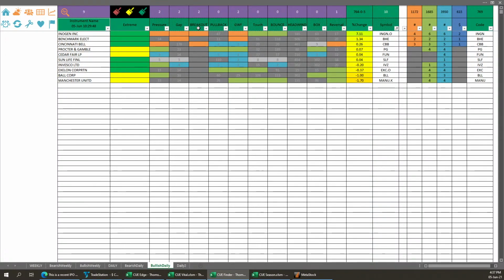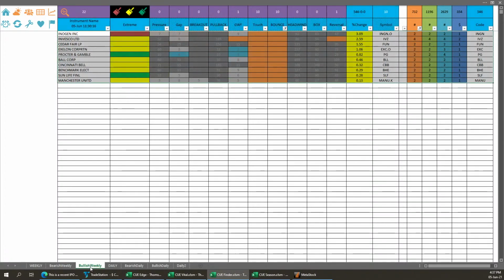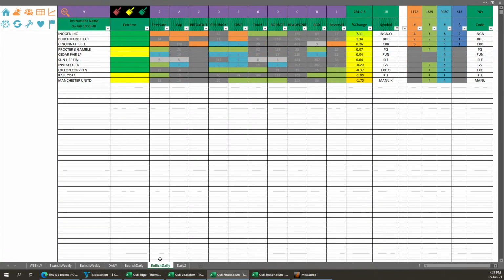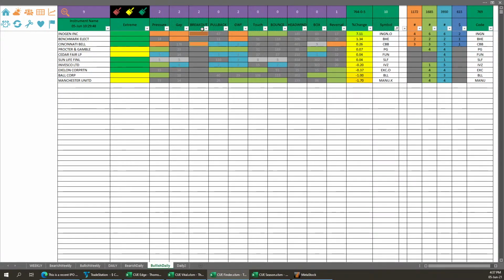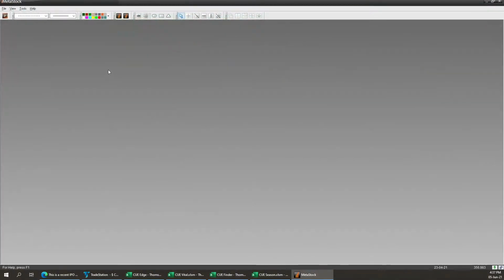I can see out of those weekly bounce, bounce from weekly and daily, I see there are two breakouts. So let me look at them. Let's make sure all global charts are closed. So these are bounce from weekly trendline support, breakout from daily trendline resistance.